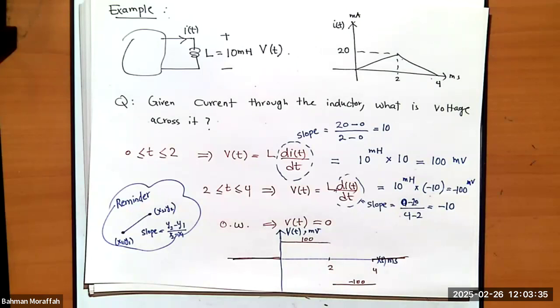So if I'm writing a KVL, when I'm writing voltage across an inductor, I have to write it in terms of the derivative. When I'm writing a KCL for the capacitor, I again have to write it in terms of a derivative. So our KVLs and KCLs become differential equations.